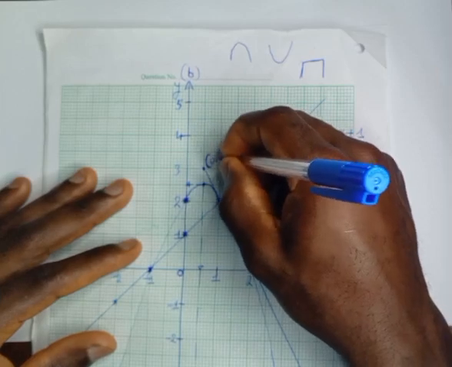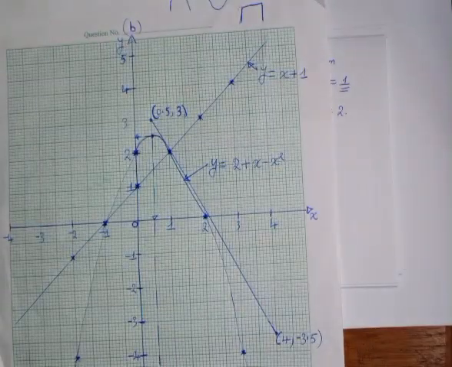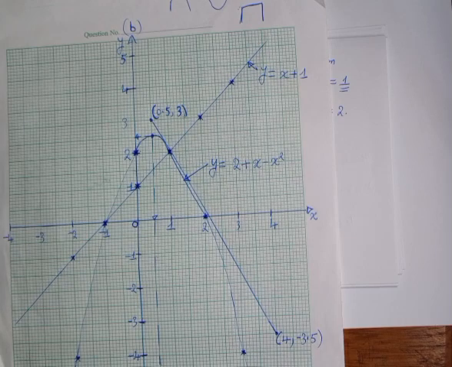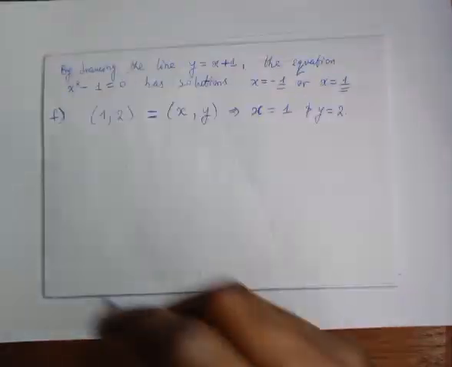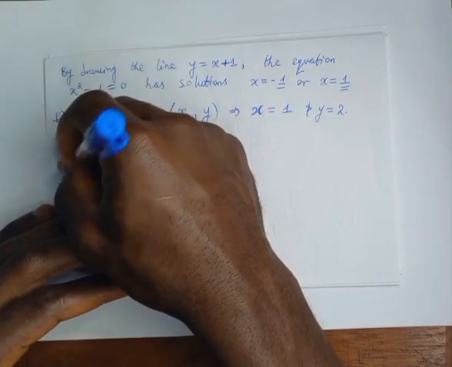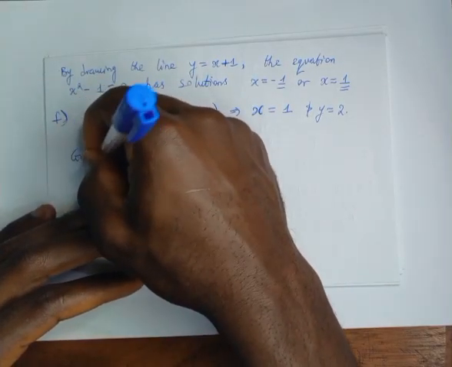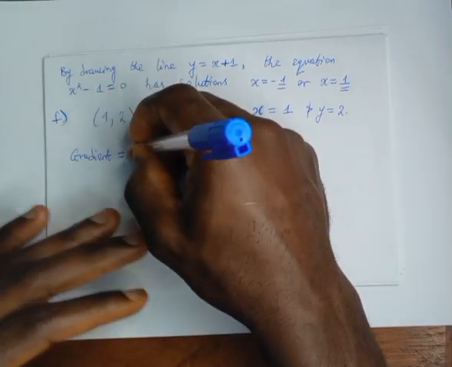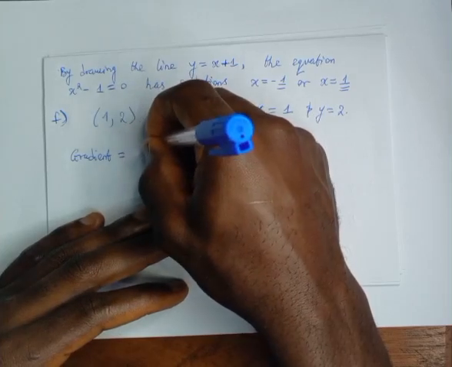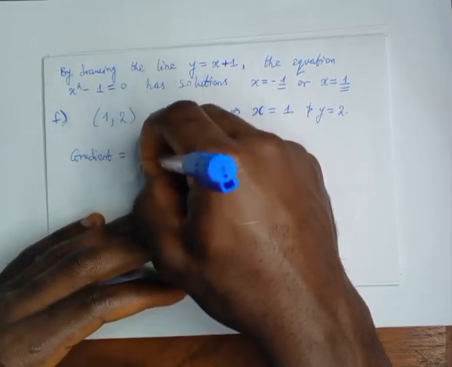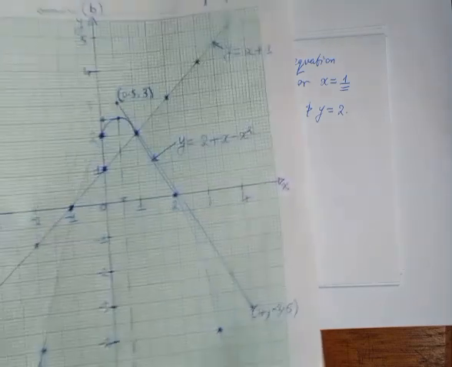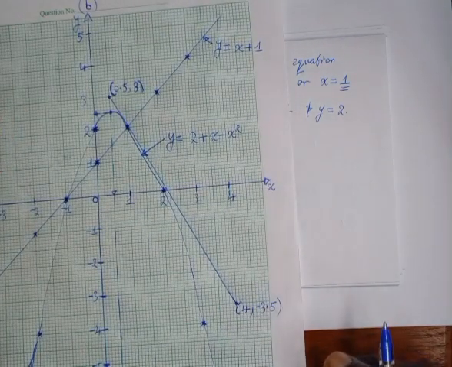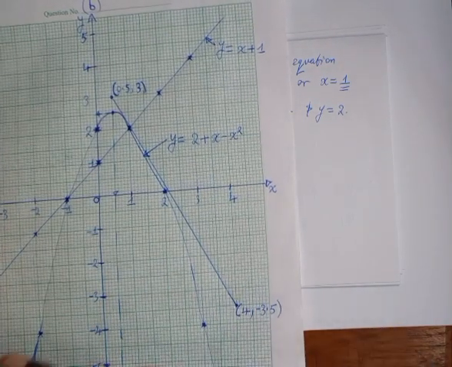We can easily calculate the gradient. We know gradient is given by change in y all over change in x. Gradient is equal to change in y all over change in x. Now for us to get the first point, we start taking the points from the left to the right.